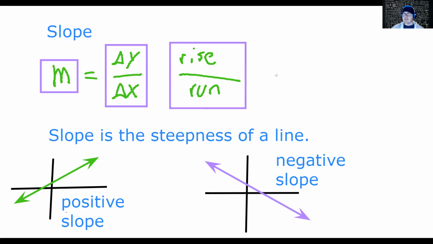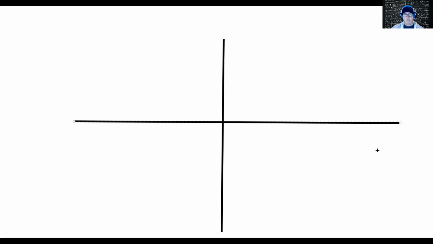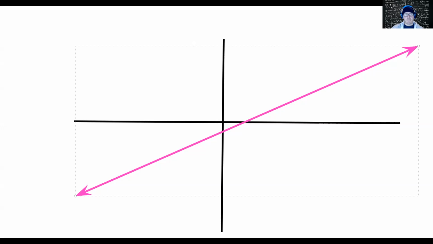So I guess one more sidebar before we get into some problems. Let's say we had a system like this. We had some massive line going through the system like this. Okay.